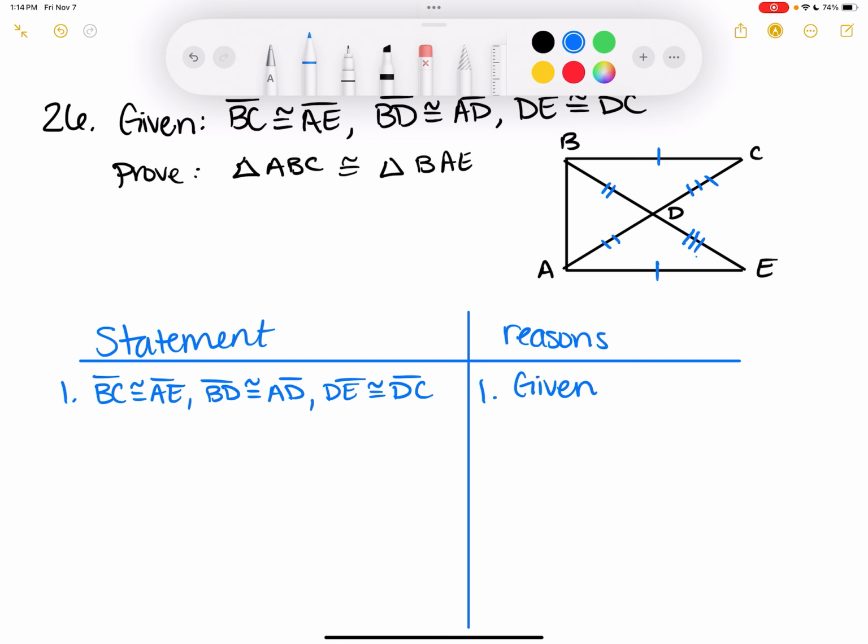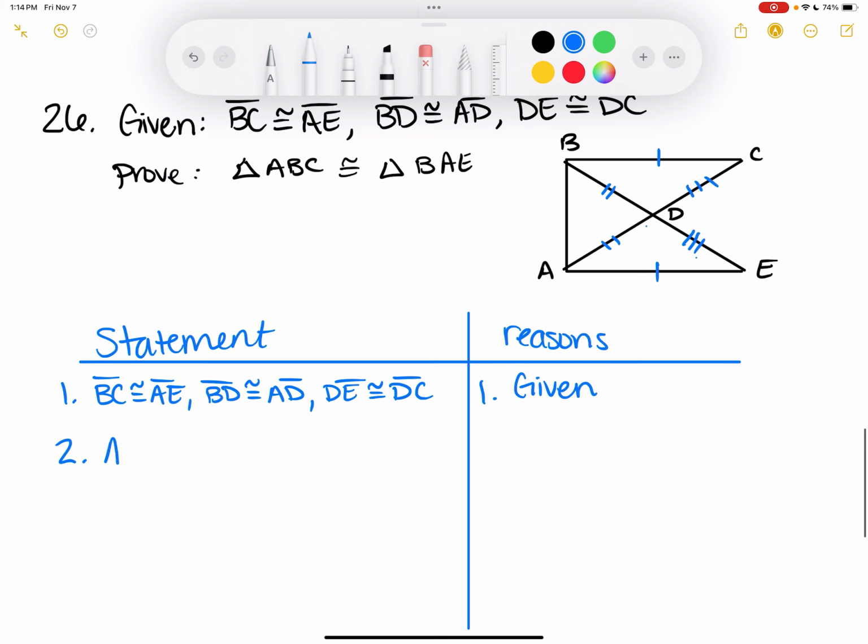So most likely, since I'm trying to prove this whole triangle here, I'm going to need something that says this whole side is congruent to this whole side. So I'm going to do something that talks about the measures of these two sides here. So in this next step, again, I'm going to do it all in one. I'm going to say that AD is equal to BD, talking about their measures, and that DE is equal to DC.